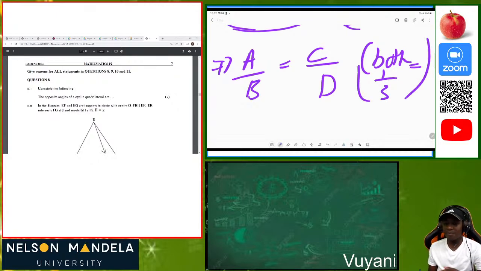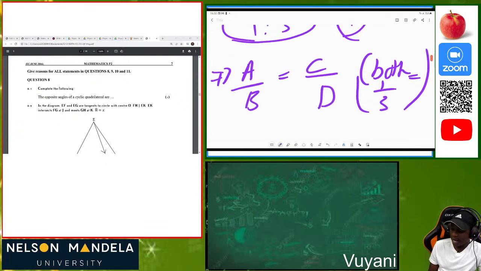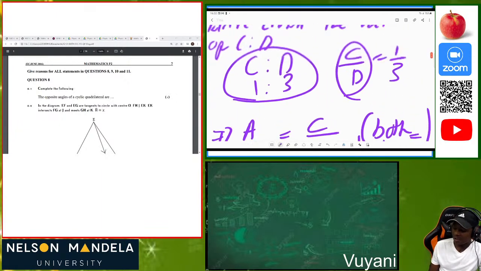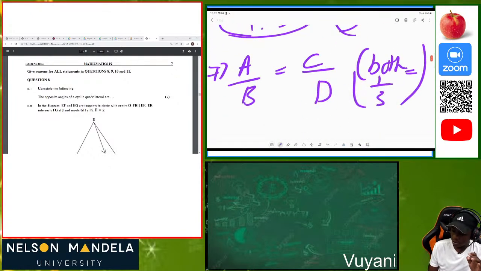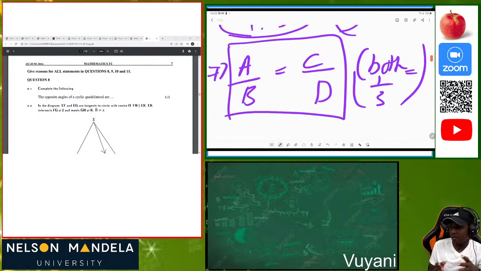Since both give us the same answer, 1 over 3, we can conclude that these two ratios are equal and equivalent to each other.